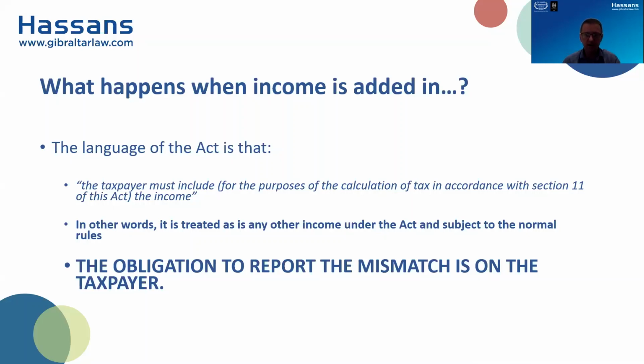So we need to apply the normal tests as to taxability which are in Section 11 of the Act. In other words, it's treated as if it is any other income under the Act and subject to the normal rules. But ultimately, the obligation to report the income that arises from the mismatch is on the taxpayer.